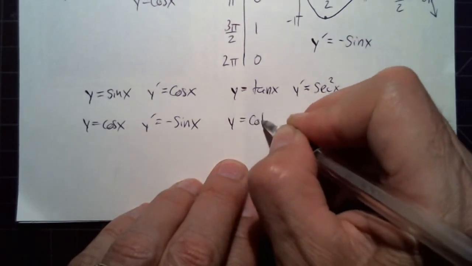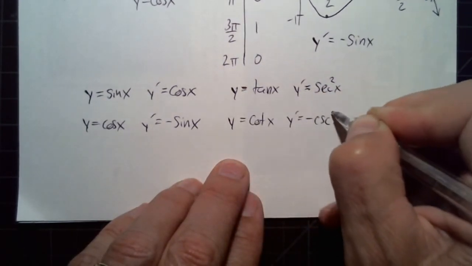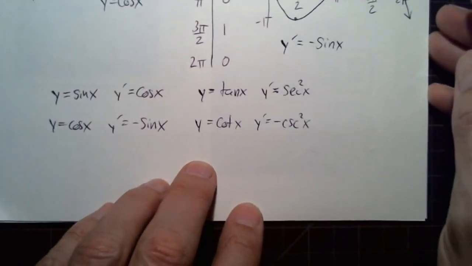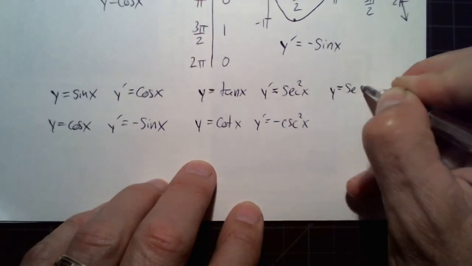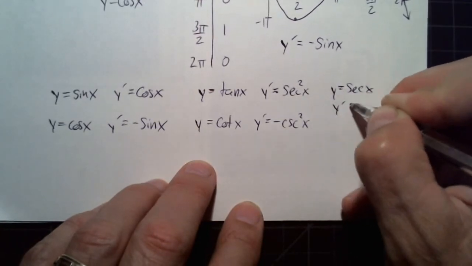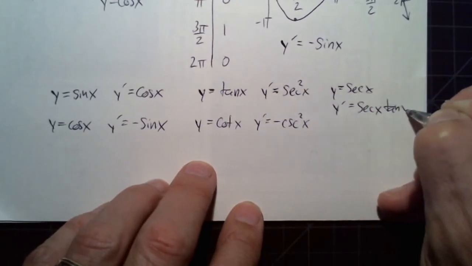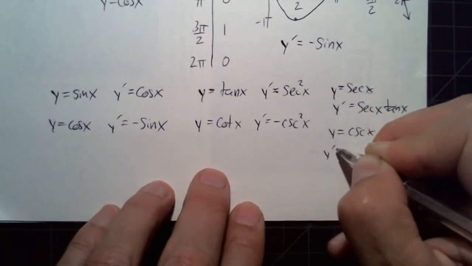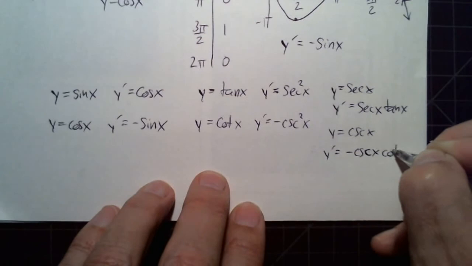And if y is cotangent x, y prime is negative cosecant squared x. And if y is secant, then y prime is secant times tangent. If y is cosecant, y prime is negative cosecant cotangent.